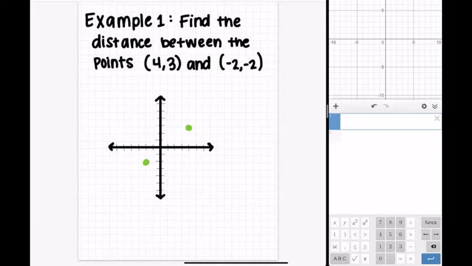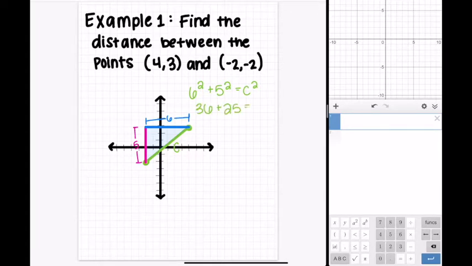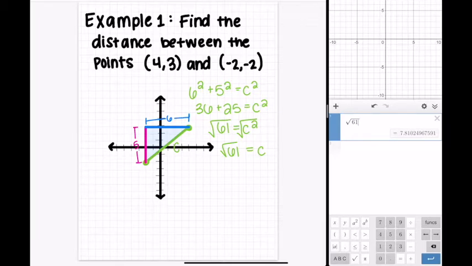So we want to know what is this distance between these 2 points. And if we're going to round to the nearest tenth, that's about 7.8.